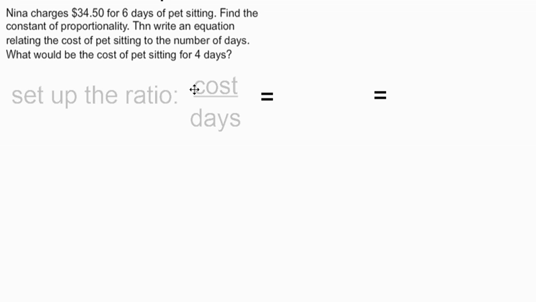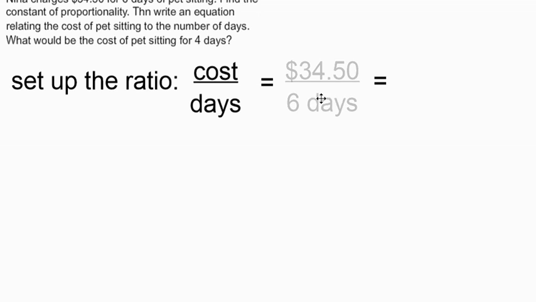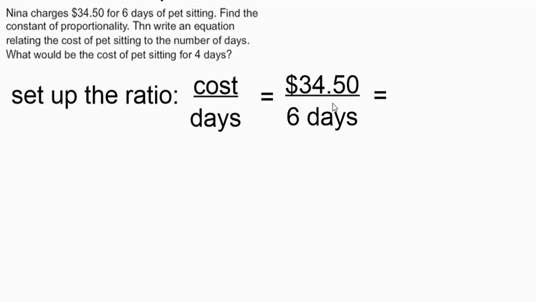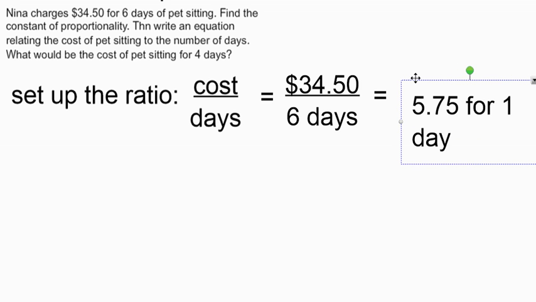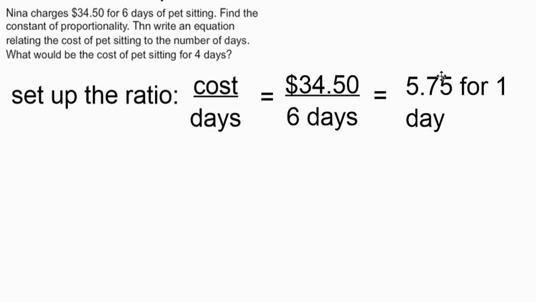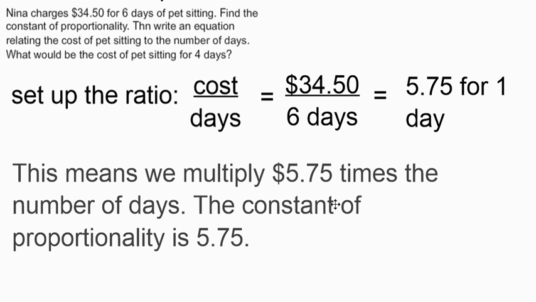So I set up the ratio of cost over days, and that equaled $34.50 for 6 days. Now, after I simplify this ratio, I find out that it is $5.75 for 1 day. Okay? $5.75 for 1 day. So that means you multiply each day by $5.75.